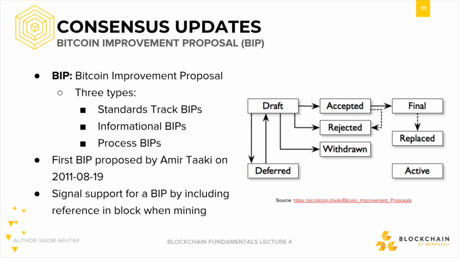It's just a little note, and you put it into your blockchain and publish it to everybody, saying, here's a proposed protocol change that I want to make and I think should exist. And then you can signal support for a given BIP when you build a block by including a reference to that BIP in the block when you mine it. So it's sort of like advertising for the BIP that you support. Okay. Any questions about BIPs really quickly?